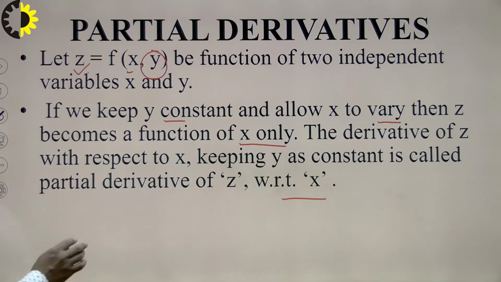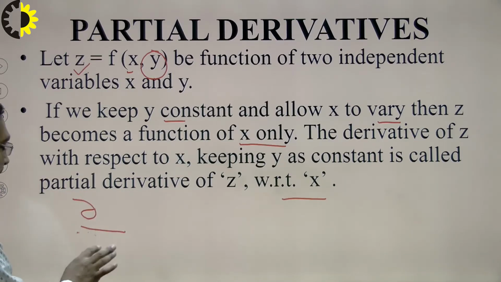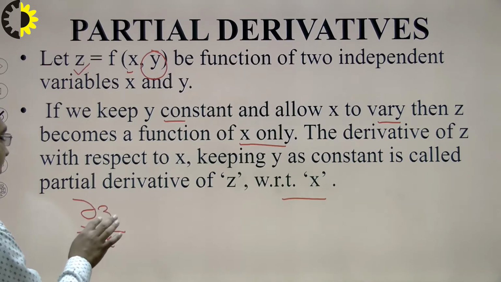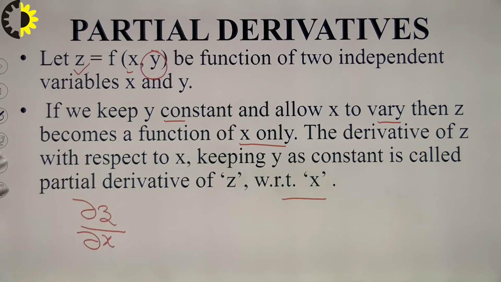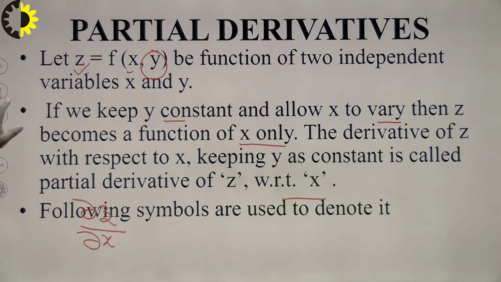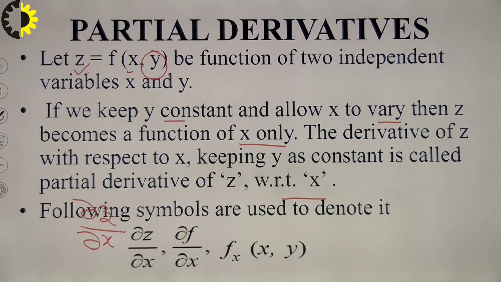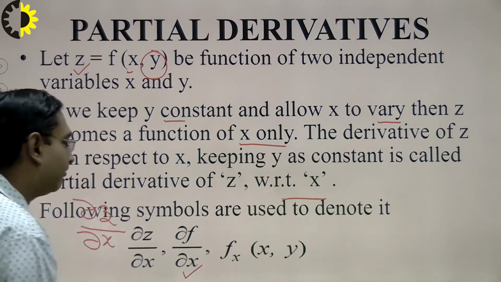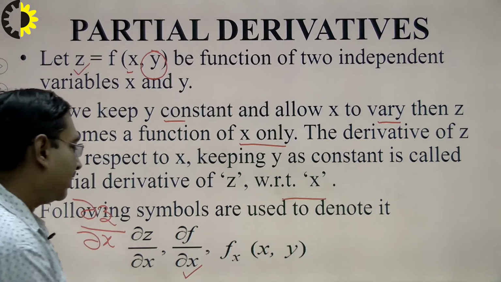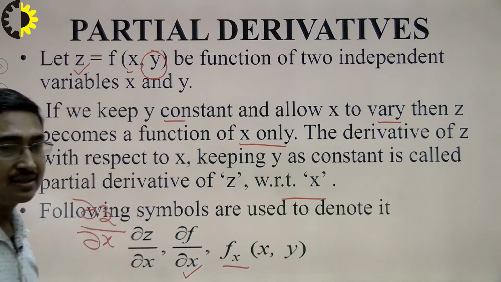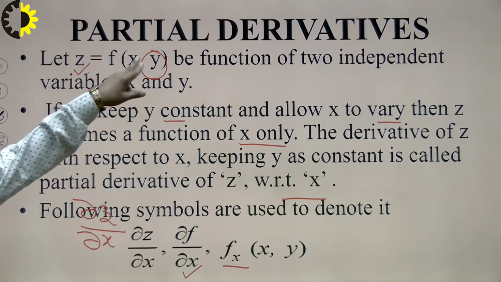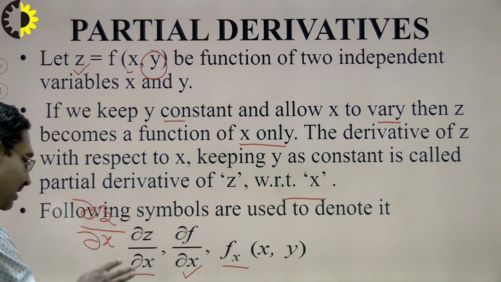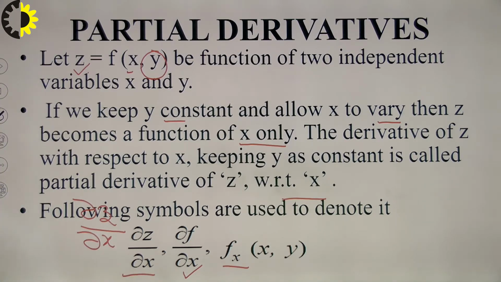This partial derivative is denoted by the symbol del over del x of z. Other symbols used for this partial derivative are del f over del x and f suffix x. If z is a function of x and y, then del z upon del x represents the partial derivative.